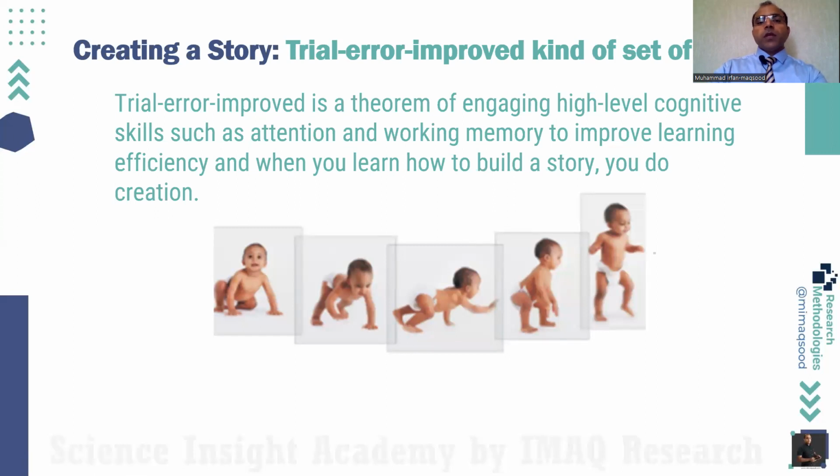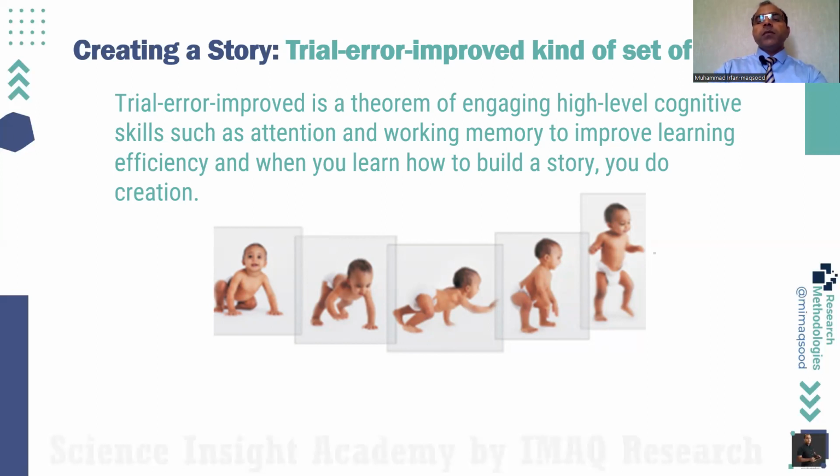If you see in these pictures, for example, a child is learning how to walk and making mistakes. He's trying and trying again, and with the passage of time he is improving. So trial, error and improvement is actually a naturally built-in theorem in our bodies, in our brains.